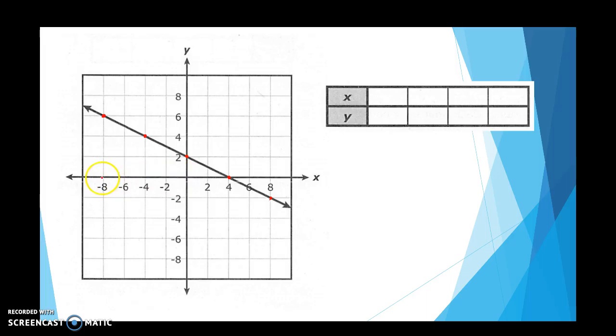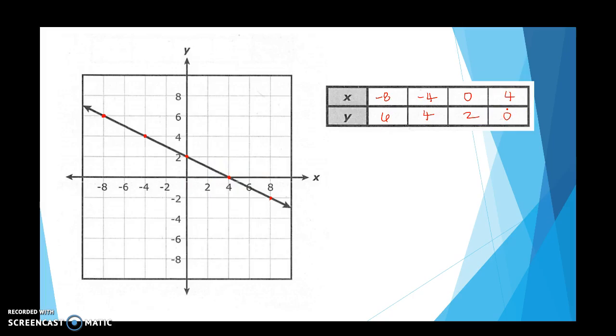So I go left first and then up. So (-8, 6). Then I have (-4, 4), (0, 2), and (4, 0).